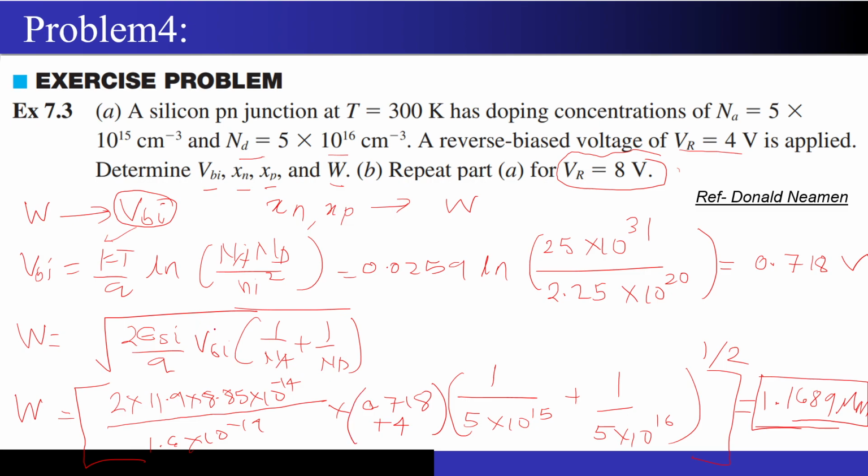This is the VBI, but it has to be added with the VR, because it is not under the zero bias condition. We have a reverse bias question, right? This is a question of reverse bias, and the depletion width increases when you apply the reverse bias, and you have to add VR with the VBI, correct? So this is what we have added, and this is what I had missed initially.